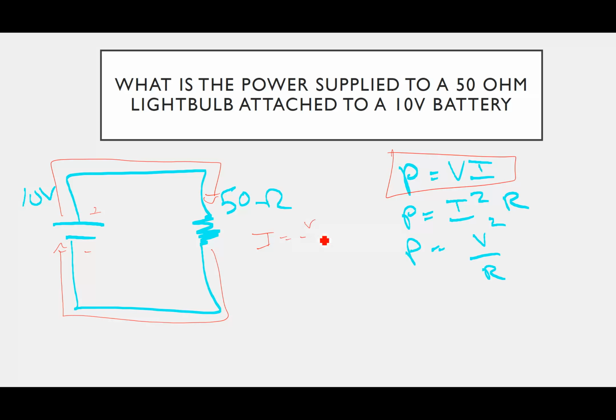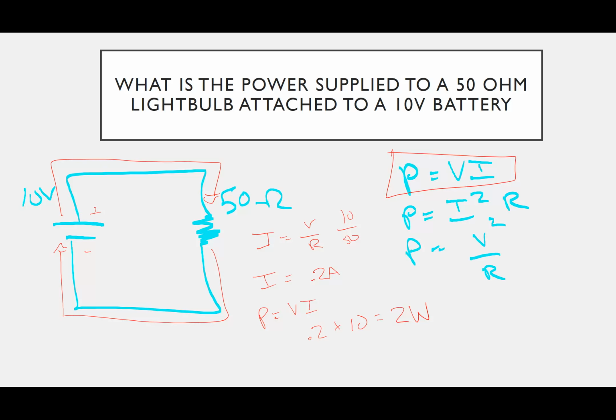I equals V over R. So 10 divided by 50. So I equals 0.2 amps. Now I can go back and say P equals VI. So 0.2 times 10. So 1/5 of 10 is going to equal 2 watts.